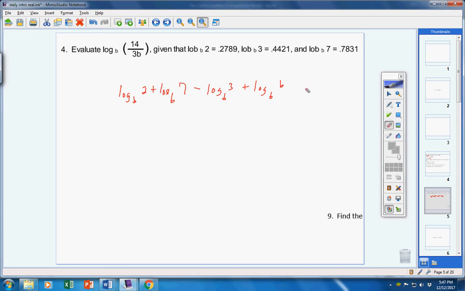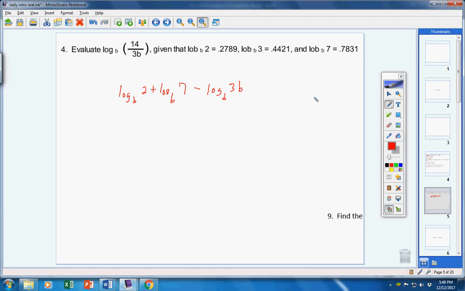Before you had this here, you must have had minus logarithm of 3b like that. And then you took this and you split it up into two logarithms, okay? That's fine. But when you do that, you've got to put parentheses around this because this negative sign here, Taryn, went to this entire expression right here.